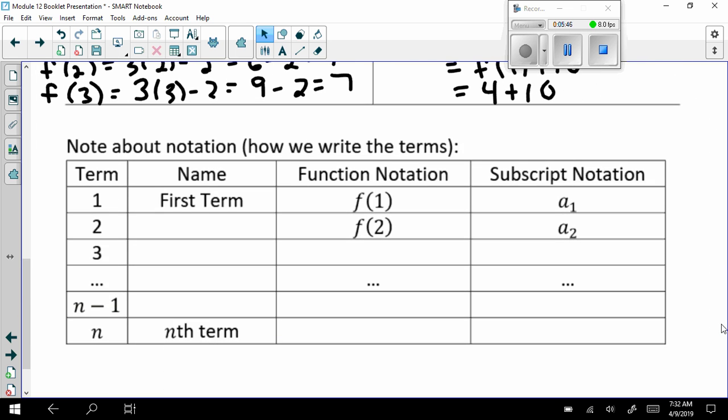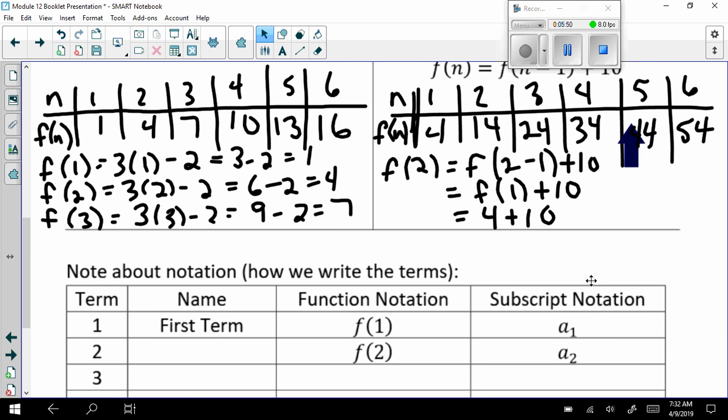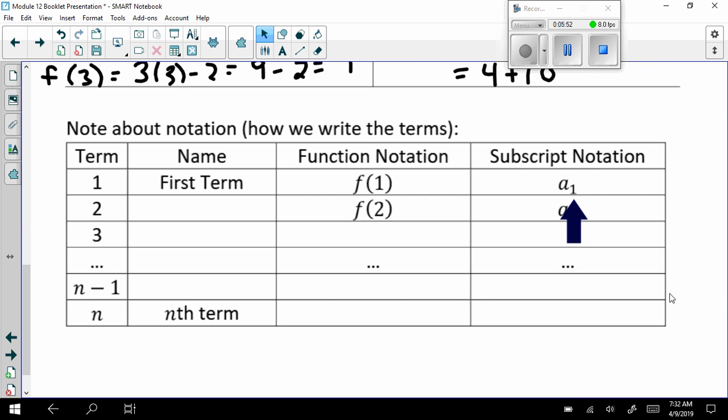We've been using function notation for our first two examples, but I want to show you this subscript notation. So for our first term, we called it f of 1. In sequence notation, we say a sub 1. So this just means the first term. I don't know why we use a, but we do.